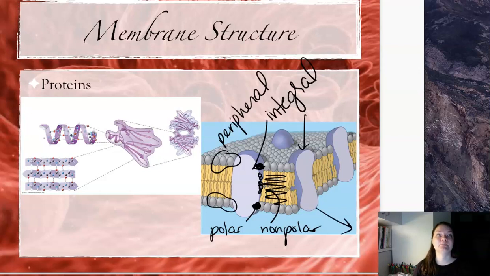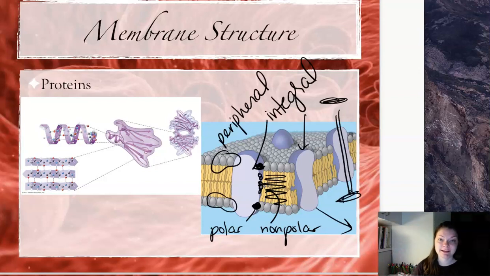They can be really important for anchoring. They can be enzymes, and what's really important here is that they can also act as kind of channels, gateways between the outside of the cell and the inside, so things that might not be able to get directly through the phospholipid bilayer at least can get through the membrane, either to get out of the cell or to enter.